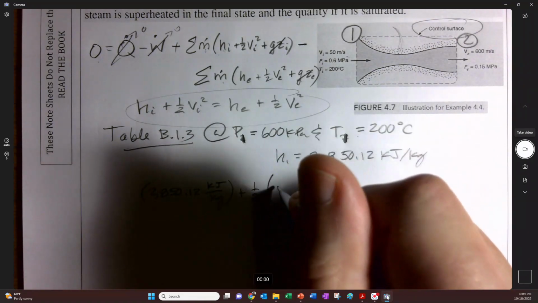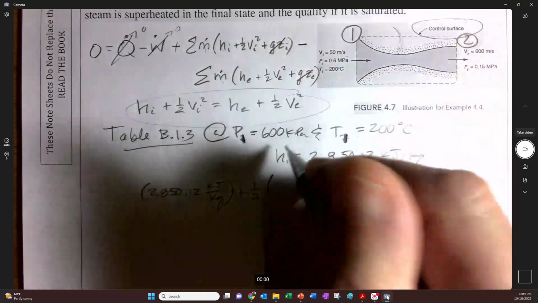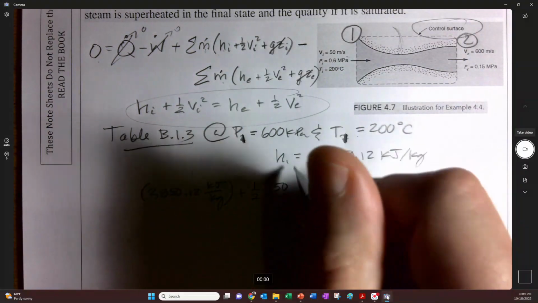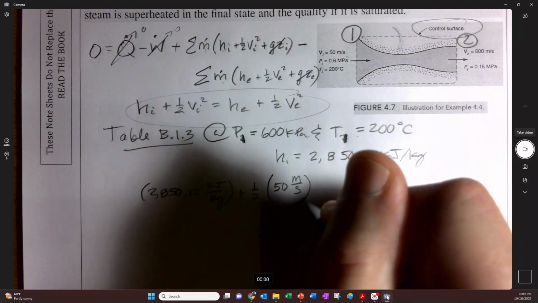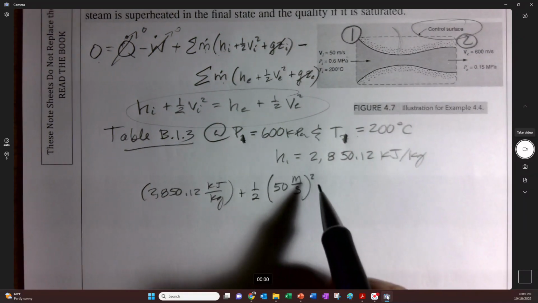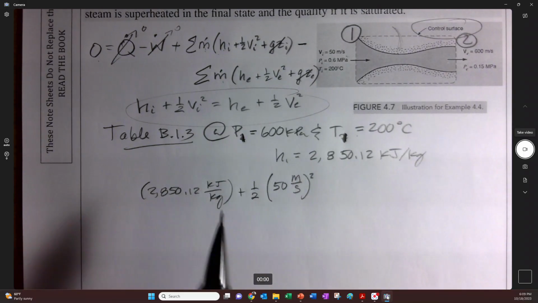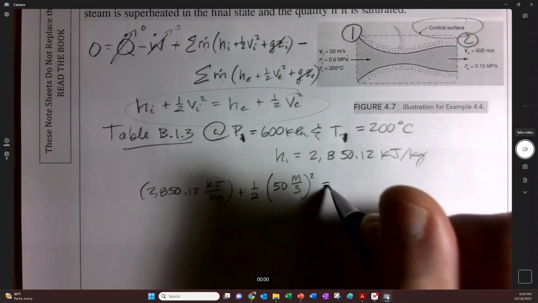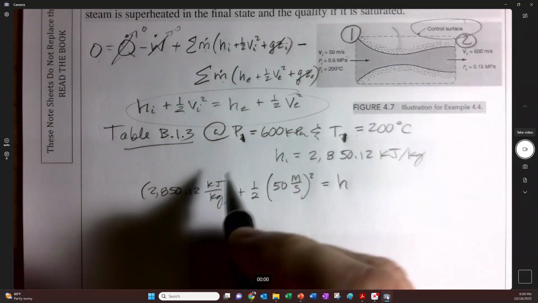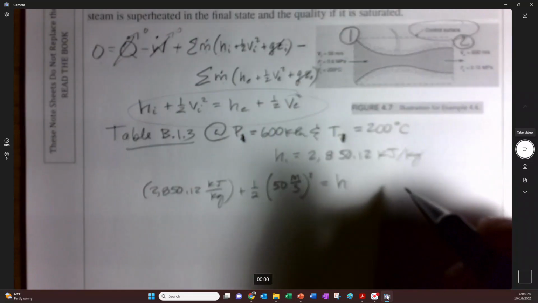We have 50 meters per second, and we're squaring them. And you're going to go, whoa, wait a minute. How is that compatible with that? Well, hold on for a second. We want to stay in kilojoules per kilogram, but do we have to put a conversion factor in there?